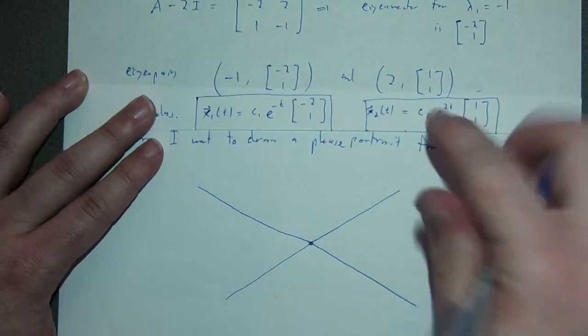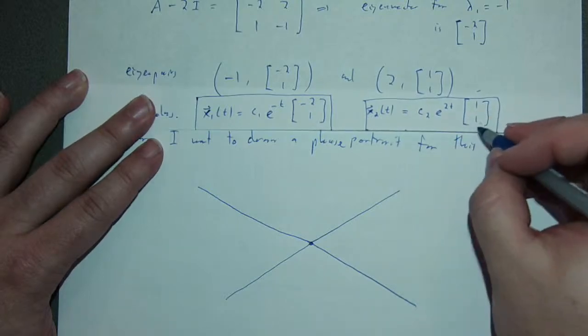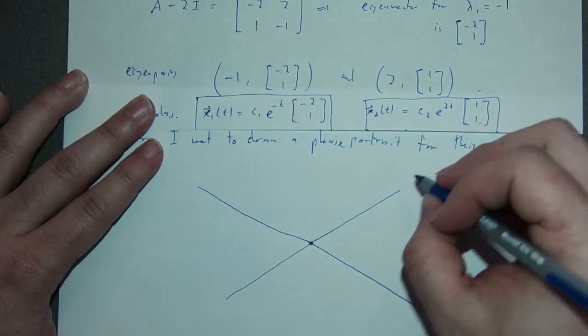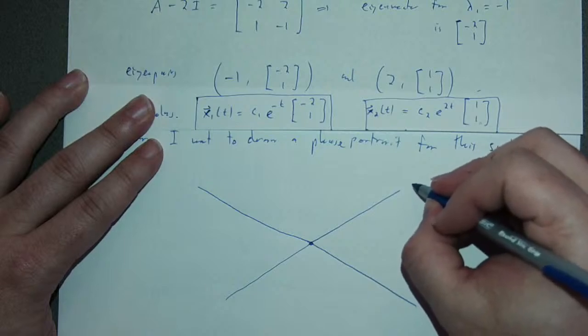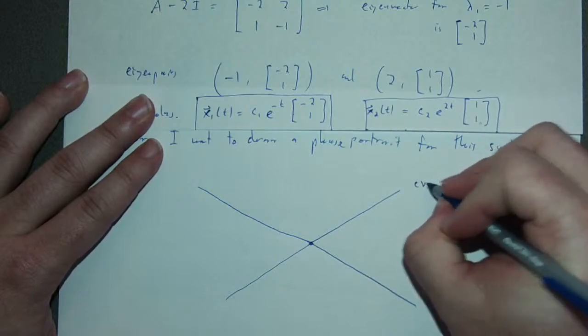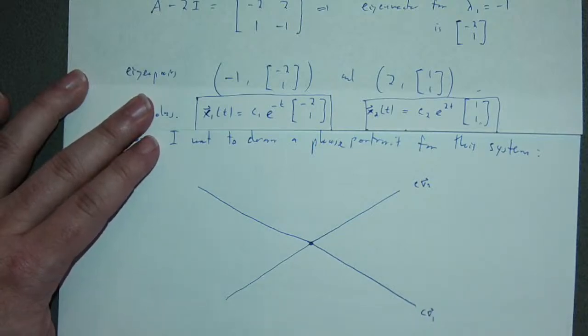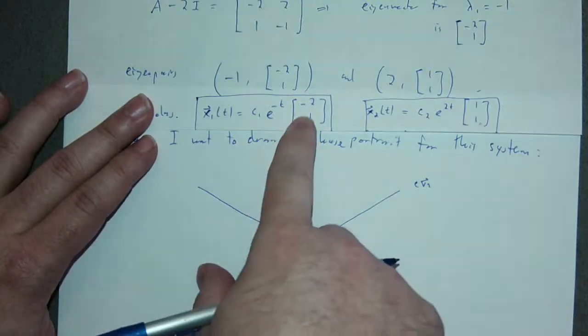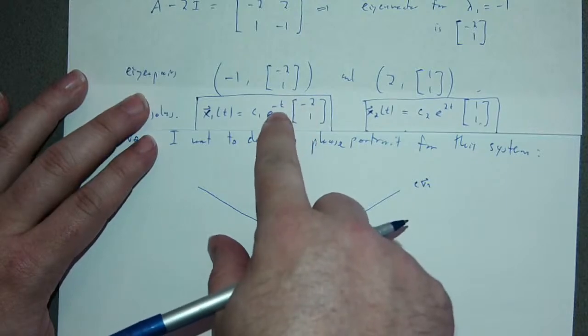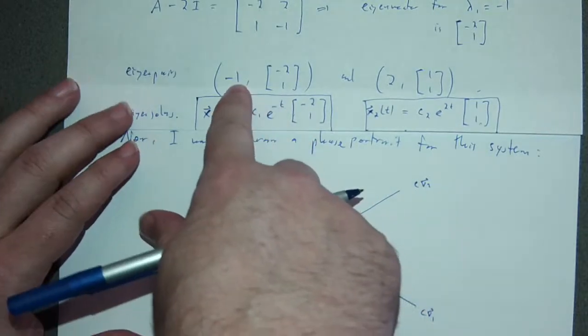Sorry, this is the line determined by V2 here. You can think about this line as being c V2, and this line is c V1. Now, along the line determined by V1, my eigenvalue is negative, negative 1.